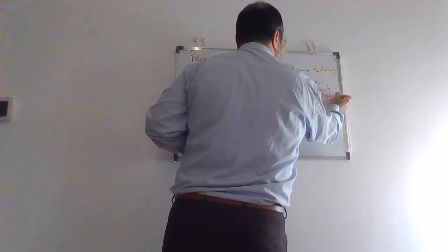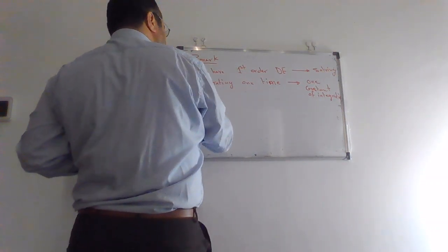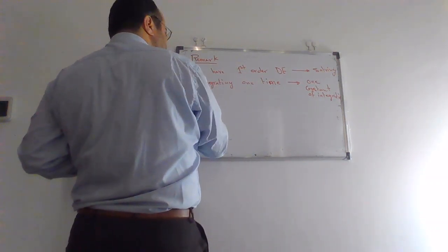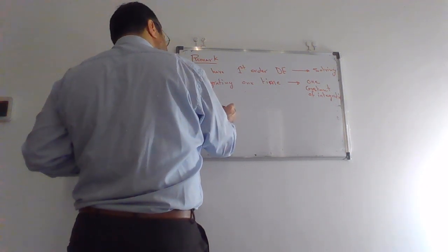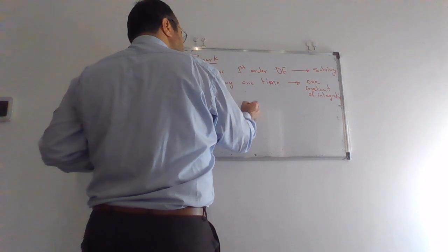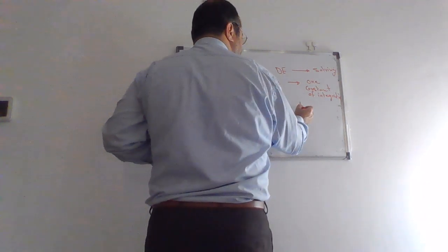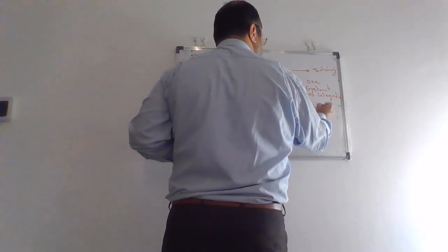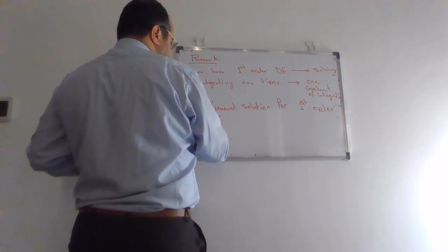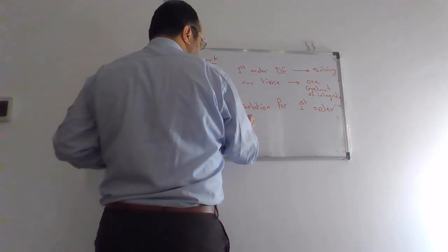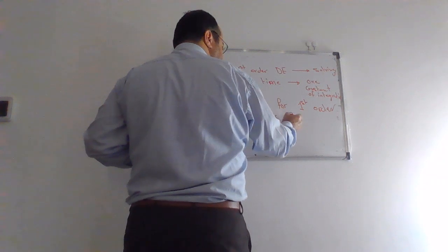Yeah? So if you have a first order, this means that the general solution for a first order differential equation, or ordinary differential equation, will have a c in it.